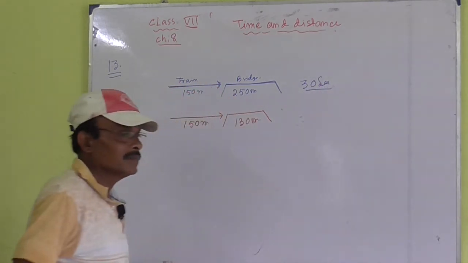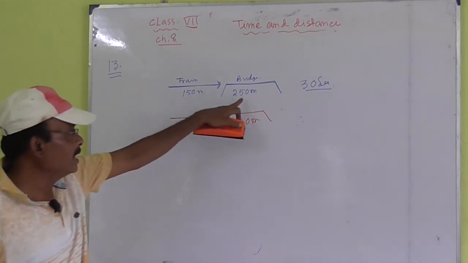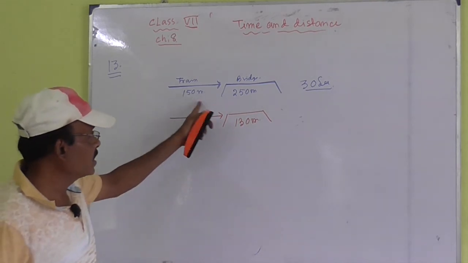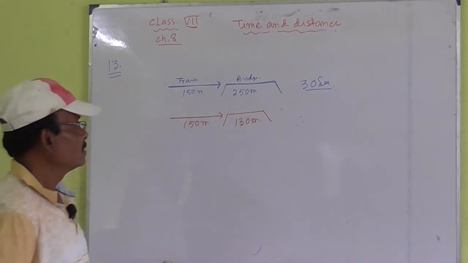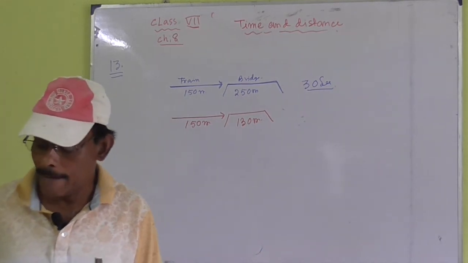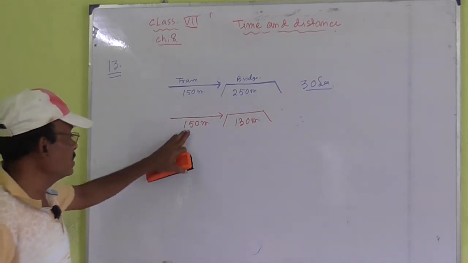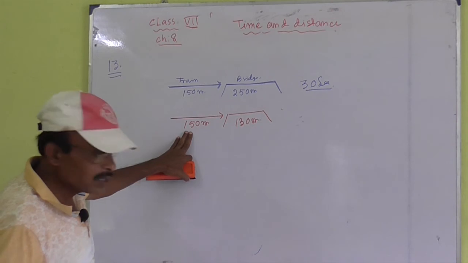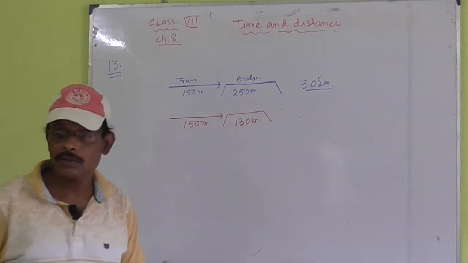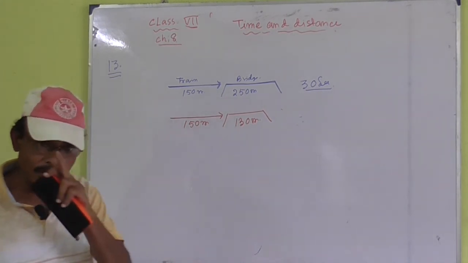What is the sum? Here, the length of the train is given and the length of the bridge is given, 150 train and 250 the length of the bridge. Takes 30 seconds. Then the question is that this train or the same length, another train, find out the time to cover 130 meter length platform.